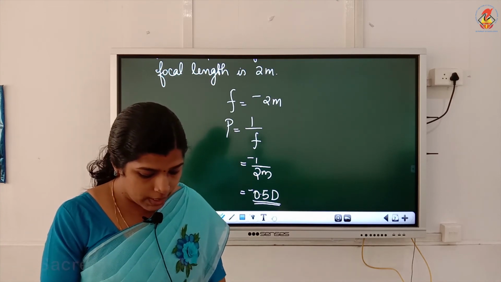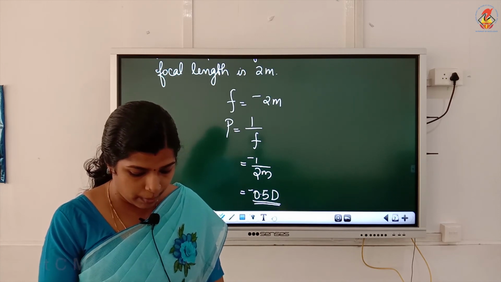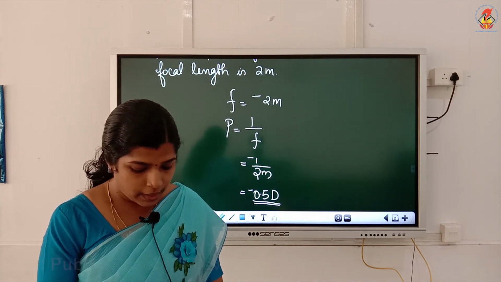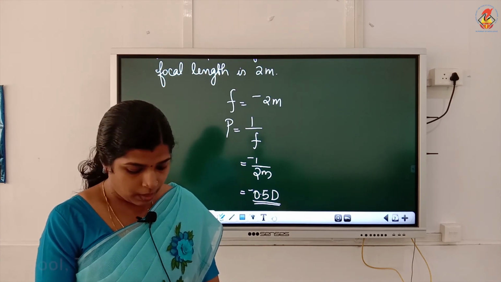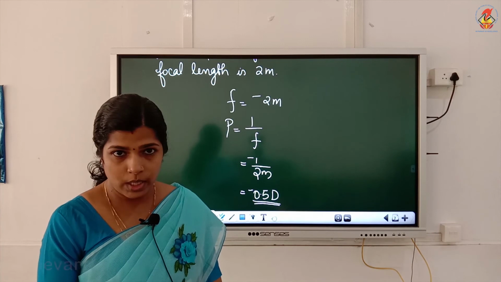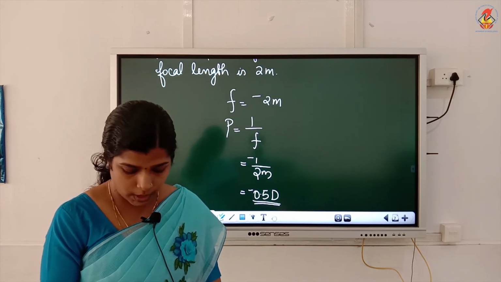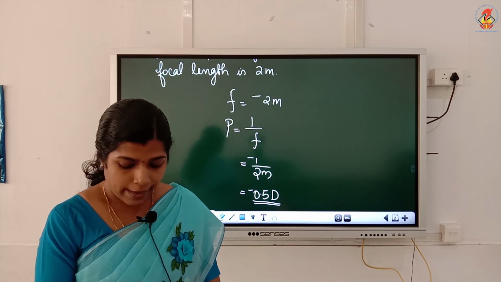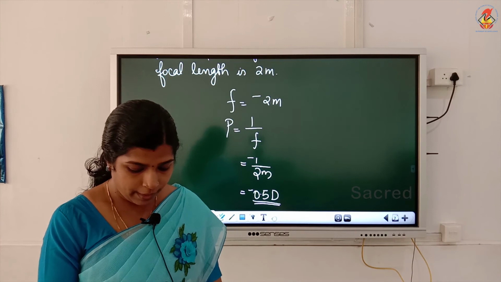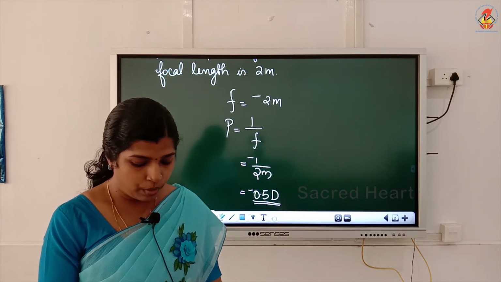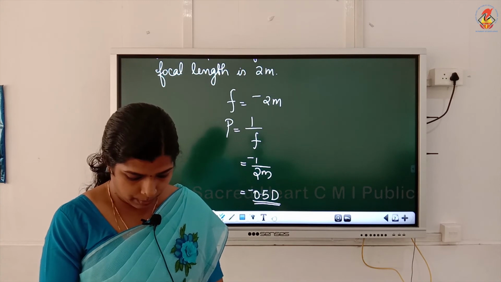A convex lens forms a real and inverted image of a needle at a distance of 50 centimeter from it. That is question number 2, blue question. A convex lens forms a real and inverted image of a needle at a distance of 50 centimeter from it.